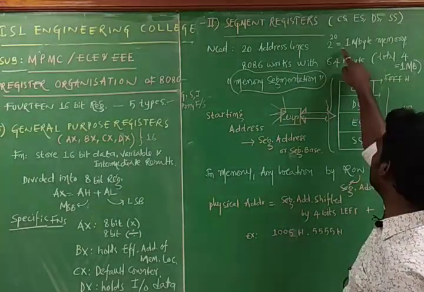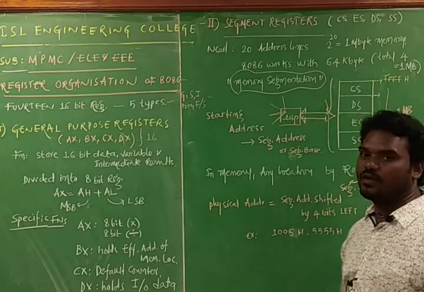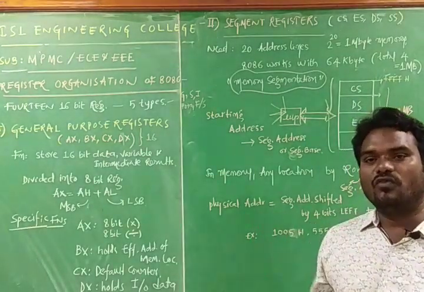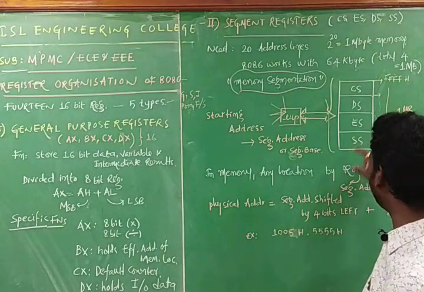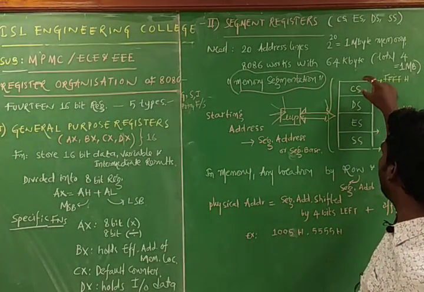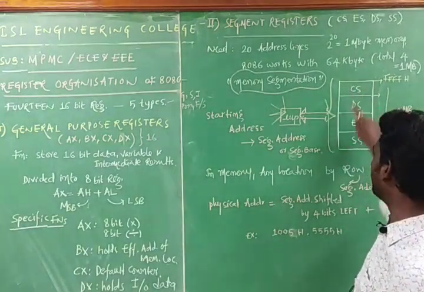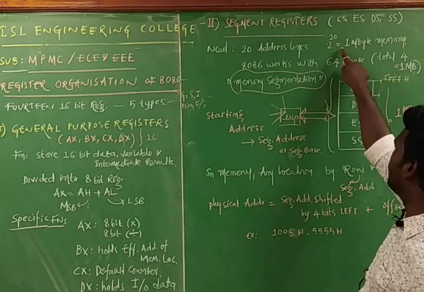If we divide this 1 megabyte of memory by 64 kilobytes, it divides into 4 segments. Each segment is 64 kilobytes, 64 kilobytes, 64 kilobytes, and this is also 64 kilobytes, and 4 times 64 kilobytes is equal to 1 megabyte.